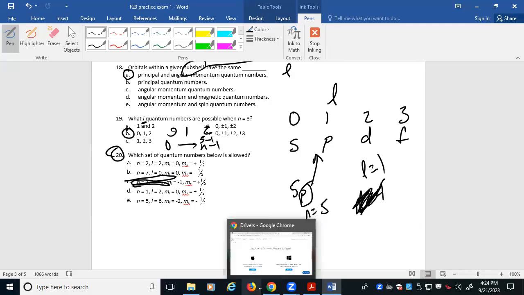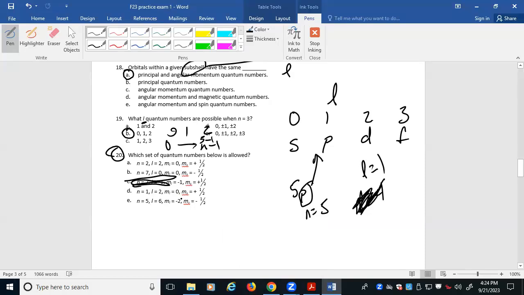With L equal to -1, I know that can't be possible. Are there any here where L is greater than n minus 1? Well, n is equal to 2, L is equal to 2? No, that doesn't work. n is equal to 1, L is bigger than it? That doesn't work. n is equal to 5, L is equal to, no, that doesn't work either.